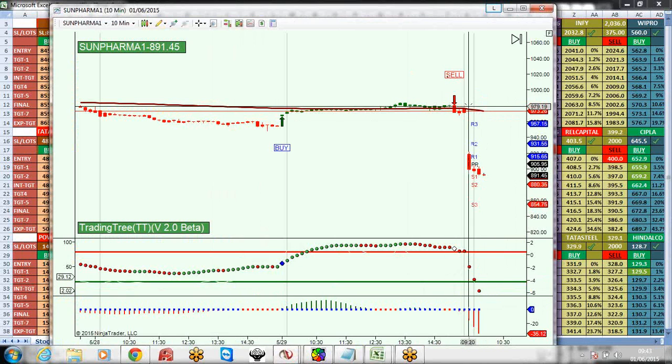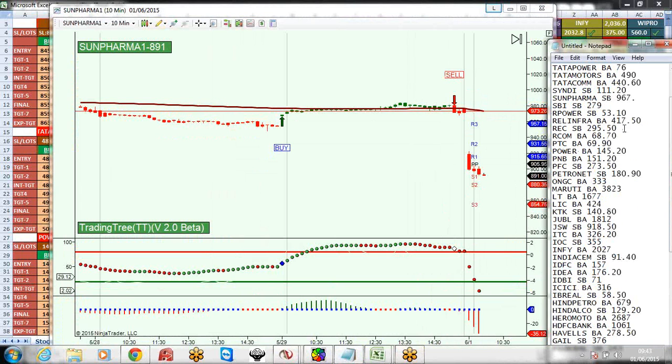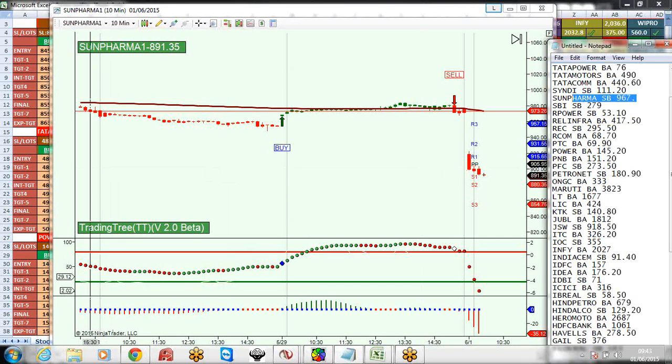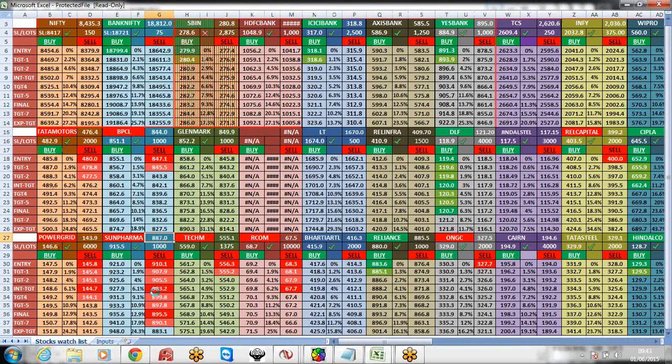You can see that though it is a gap down open, we had a short for Sun Pharma at 967. It is now at 891. It's around 77 rupees. Though it's a gap down open, here in FUTURESTREE we already have the final targets done.